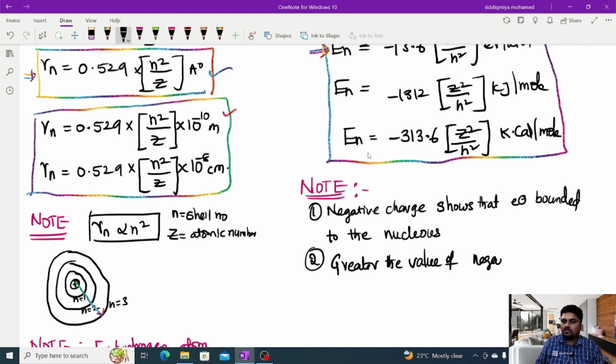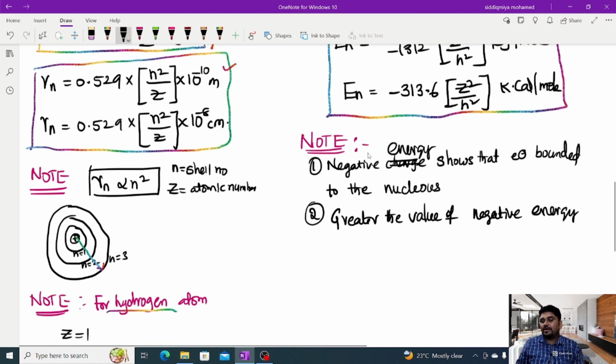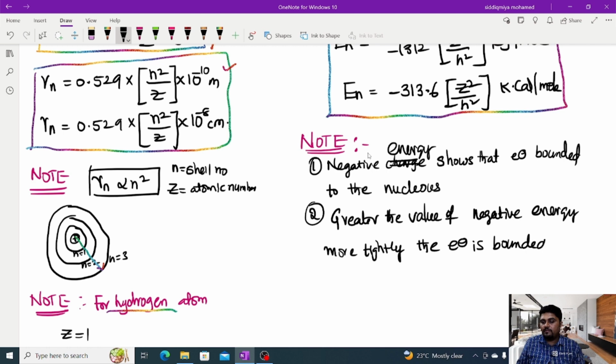Greater the value of negative energy, more tightly the electron is bounded to the nucleus.